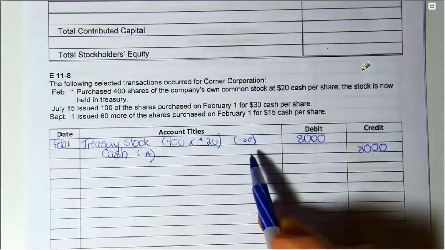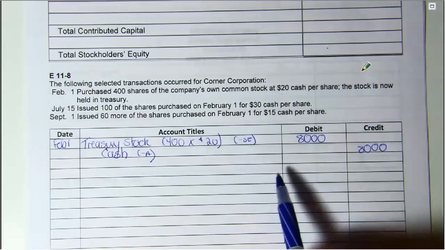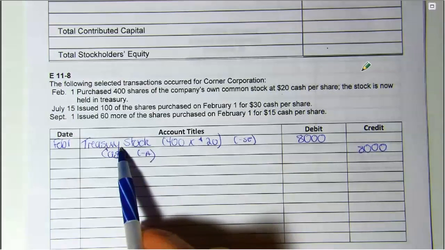The reason why we're reducing stockholders' equity here is because we are debiting, and debiting is how we reduce a stockholders' equity type account. Stockholders' equity is on the right side of the accounting equation, so we normally credit to increase, but we're debiting to decrease. And the reason we're debiting is we're giving stockholders their money back and saying, give us back our stock. So we're reducing stockholders' equity. This is a contra stockholders' equity account.